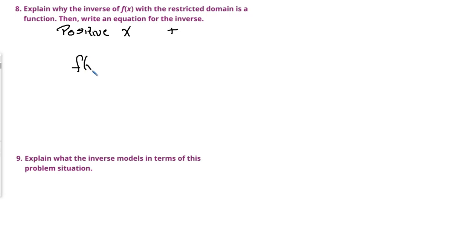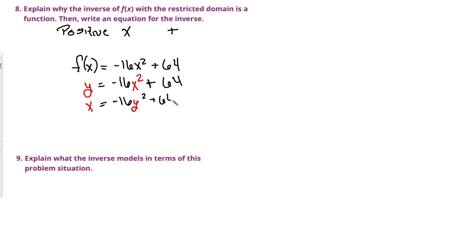And so remember, the function was f of x is equal to negative 16x squared plus 64. So first step is going to make this y equals negative 16x squared plus 64. We're going to trade those two places. And so it becomes x equals negative 16y squared plus 64. And so we're going to try to undo those operations.